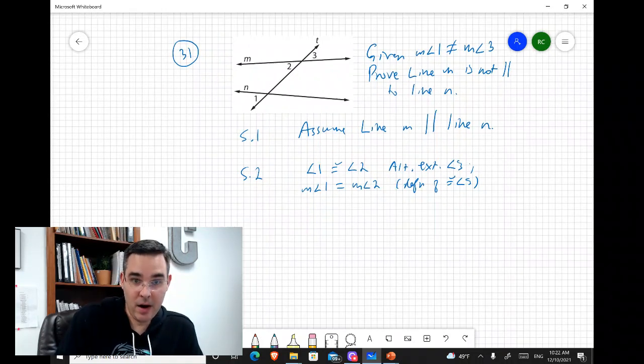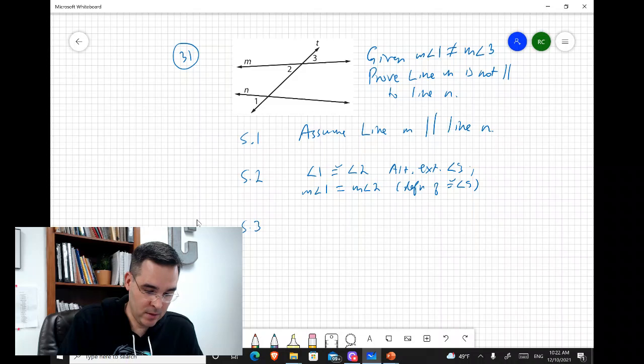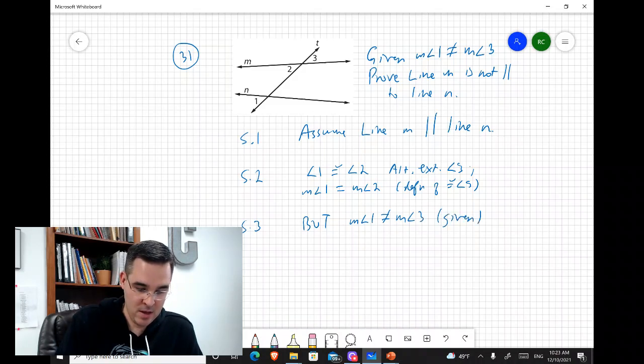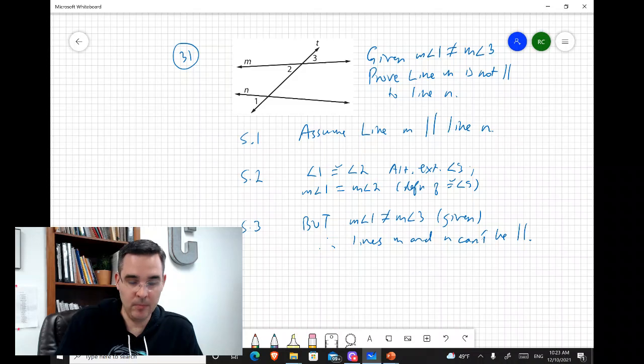So now I've reasoned to a point where I'm contradicting one of my givens. So I say, but the measure of angle 1 does not equal the measure of angle 3. That's my given. Therefore, lines M and N can't be parallel.